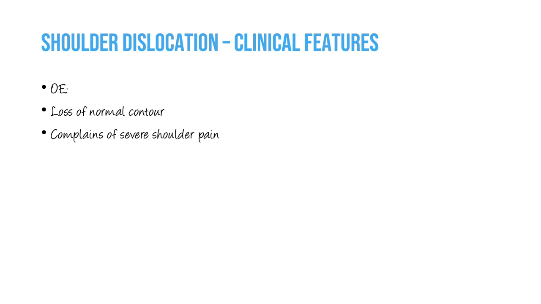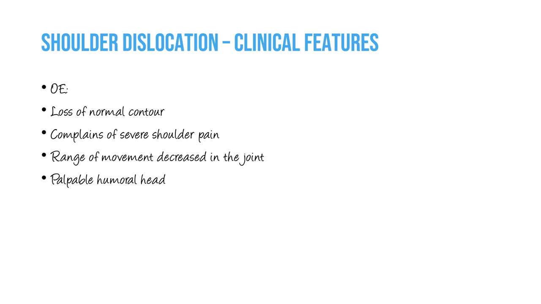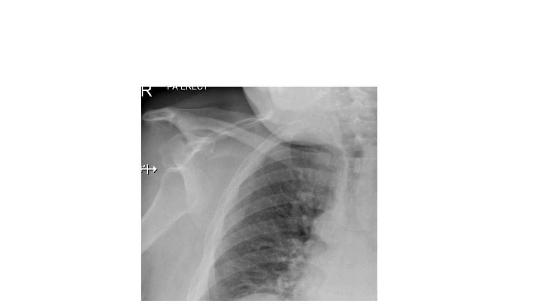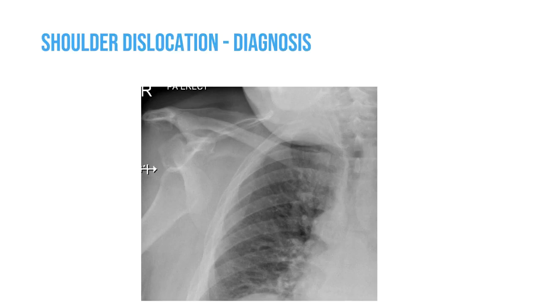They complain of shoulder pain, obviously. The range of movement is decreased in the joint. Obviously, there is no more joint left, so very decreased range of movements. You could possibly feel the humeral head. The apprehension test is positive, so if you try to dislocate the shoulder, the patient complains of severe pain, and that's your apprehension test. So you see in the picture, all you need for diagnosis is an X-ray.